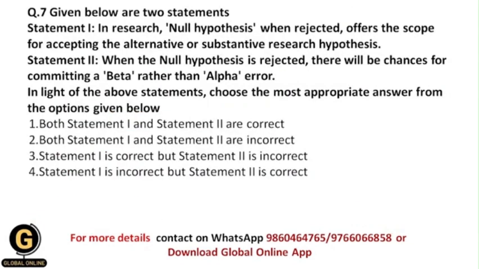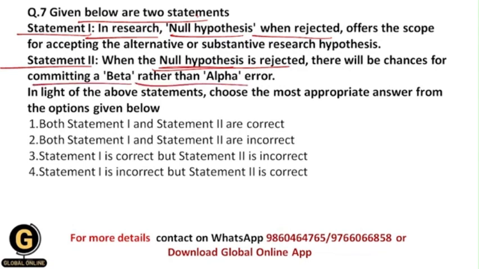Next, given below are two statements, statement 1 and statement 2. Let us see statement 1. In research, null hypothesis when rejected offers the scope for accepting the alternative hypothesis or substantive research hypothesis. And statement 2 is when the null hypothesis is rejected, there will be chances for committing a beta rather than alpha error.